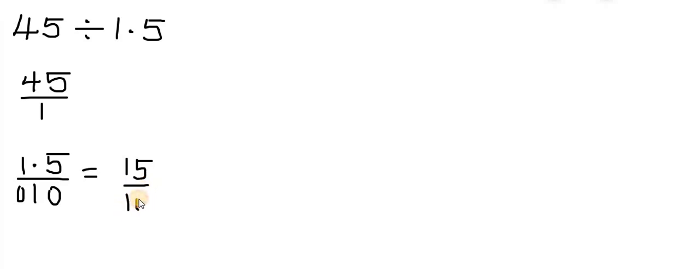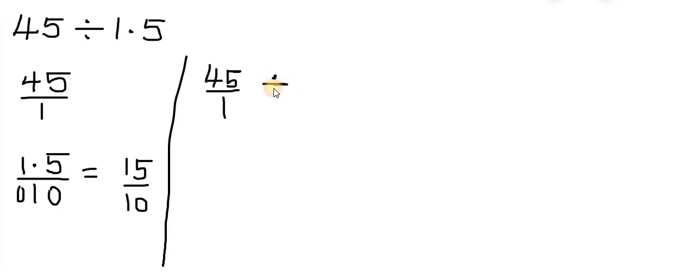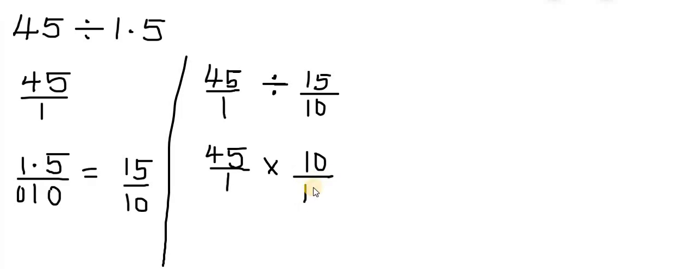So we take that and say 45 over 1 divided by 15 over 10. Okay, so when we do that, the next line of action is 45 over 1, change the sign to a multiplication, flip the second fraction, and we're on our way.